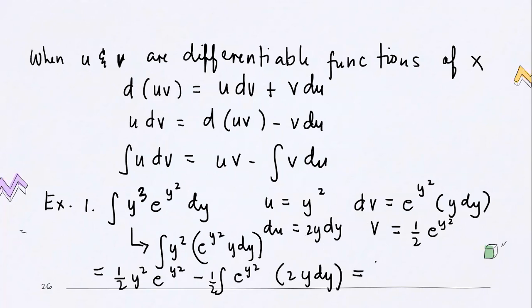That is equal to 1/2 y squared e to the y squared minus the integral of e to the y squared y dy, which is the integral of e to the u du, negative 1/2 e to the y squared plus c.